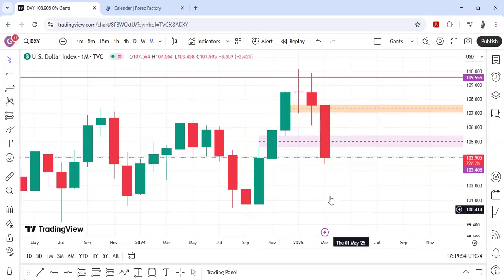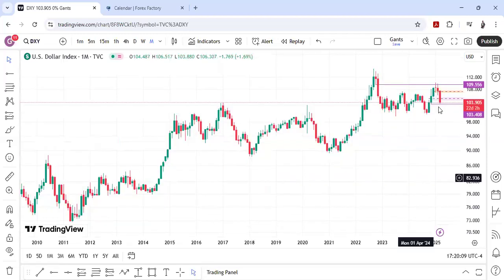But if we keep going lower and then disrespect the 50% of this FVG on this order block on the monthly time frame, then I think we have changed direction from bullishness to bearishness. But from what I'm seeing, I am of the opinion that if you take out that low, the November low, then we'll start going higher.